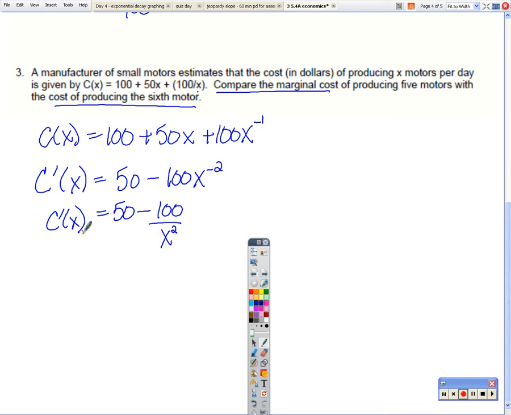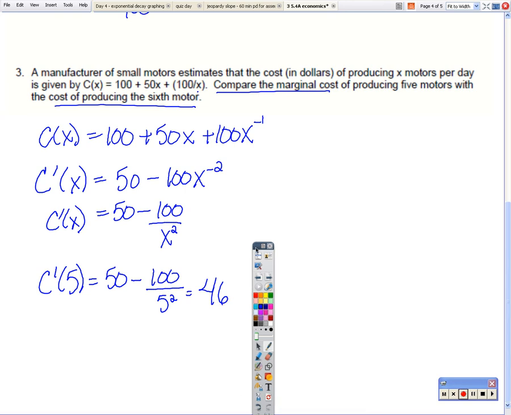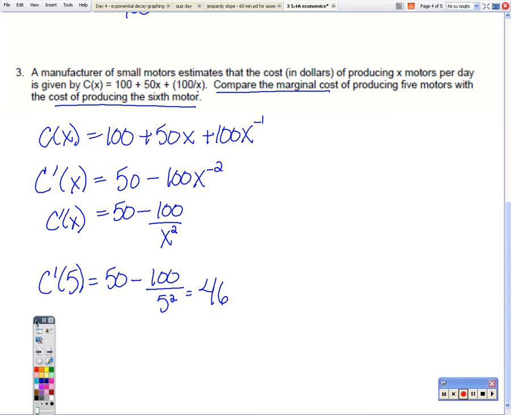So the marginal cost, C prime of 5, for the 5th unit is $46. Now, the cost of producing the 6th unit, we're going to compare the cost of the 6th minus the cost of the 5th and see what that approximately equals.